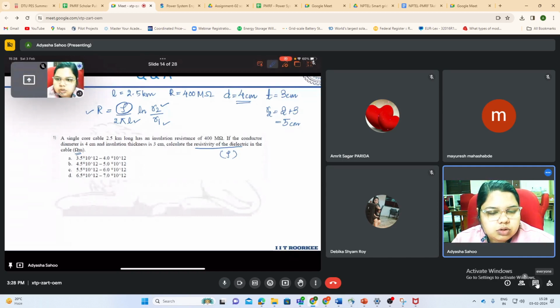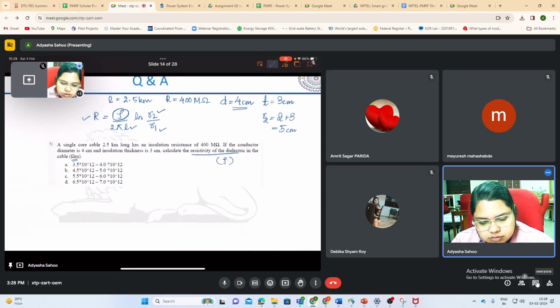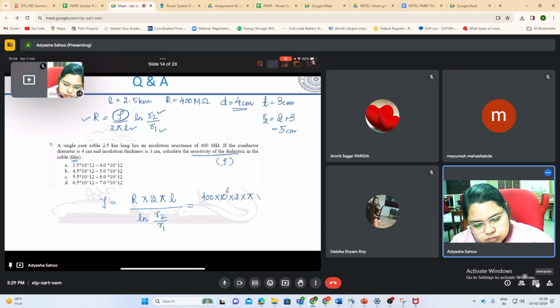You can type in the chat box or unmute. So anyone, what is the answer here? Rho will be R times 2 pi L, with ln R2 by R1 in the denominator.